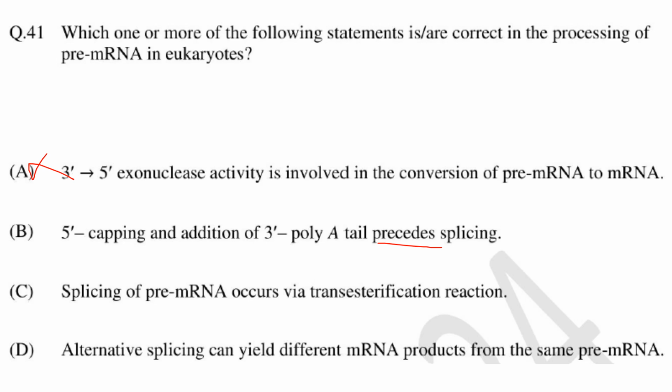No, the order is 5' capping, then splicing, then poly A tail addition. So that statement is also not correct. Splicing of pre-mRNA occurs via trans-esterification reaction. That is correct. Alternative splicing can yield different mRNA products from the same pre-mRNA. That is also correct.